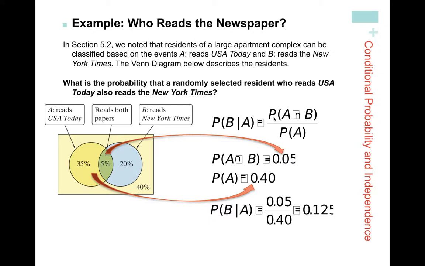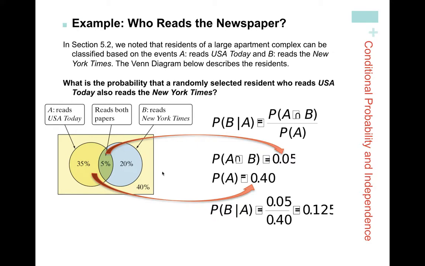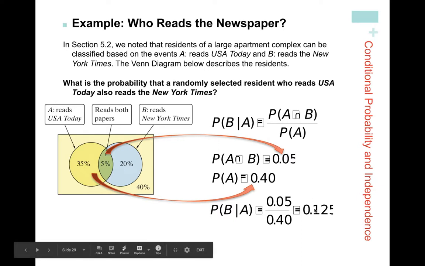So that is the probability of A intersect B divided by the probability of A. So that is 0.05 divided by 0.4, and that is equal to 0.125. So the probability that somebody in this sample space reads the New York Times, given that we know that they read the USA Today, is about 0.125.